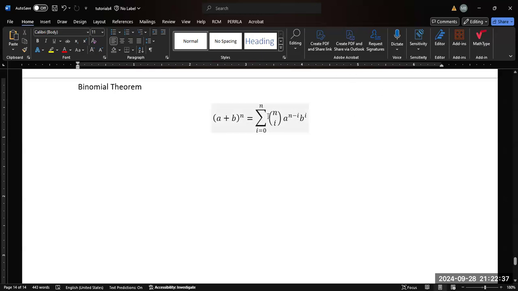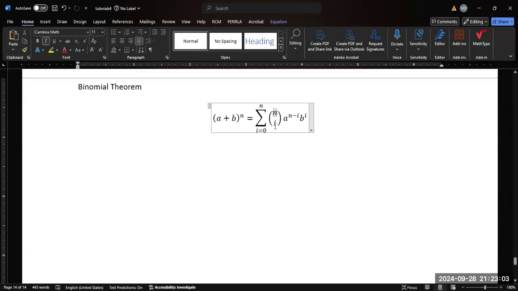And then this number out here, this is read n choose I. This is a combination formula, and it basically tells you what the size of the coefficient is going to be. So any number choose 0 is going to be 1, and any number choose n itself is also going to be 1.